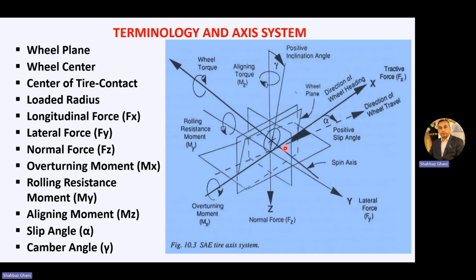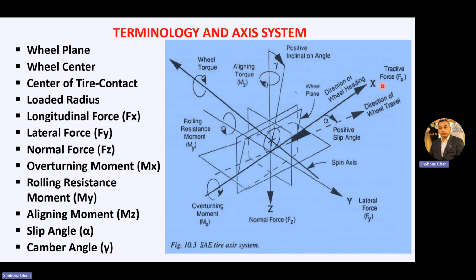Okay, wheel center, this plus sign, center of the tire contact to the ground here, loaded radius is here, longitudinal force in x direction, overturning moment Mx, lateral force in y direction, then rolling resistance moment in y plane, then normal force Fz, and aligning torque, the aligning moment Mz.